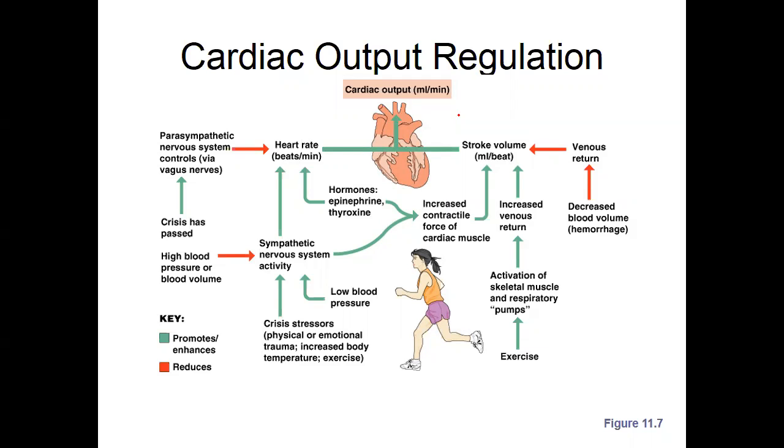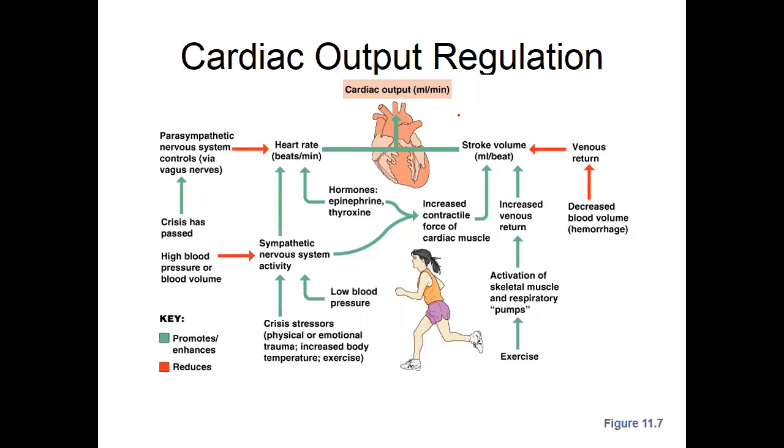You have different factors that affect the heart rate. You have hormones, epinephrine, thyroxine. These increase the contractility of the heart. They increase the force of contraction, which increases the stroke volume, which causes greater cardiac output, which causes more blood to come back. The things that can cause the nervous system to react are crisis and stressors. A stressor could be I walk out here and that car almost hits me, or somebody jumps out at me in an alley in the middle of the night.